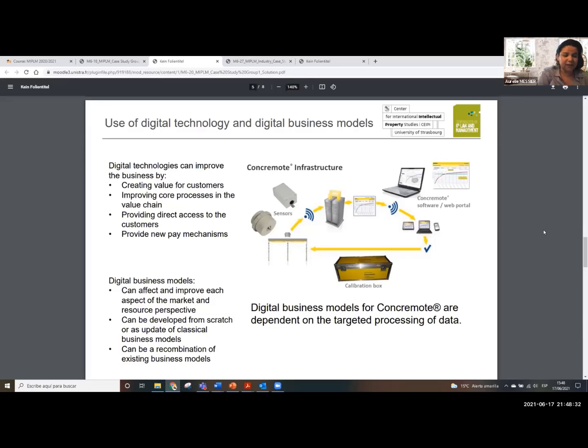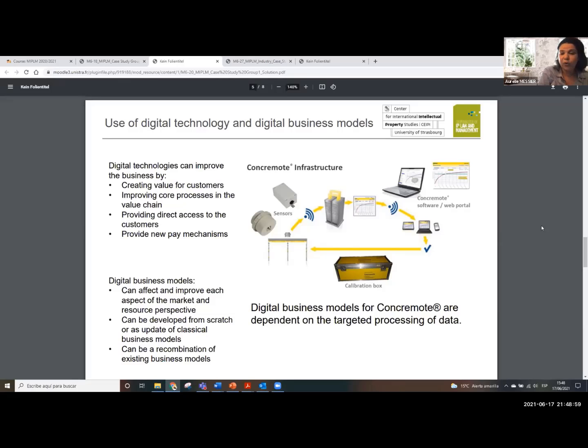And sensors are now sending data to a computer via Wi-Fi, via a wireless solution, to a platform where analytics are extracted from the data and centralized in a Concremote software web portal.